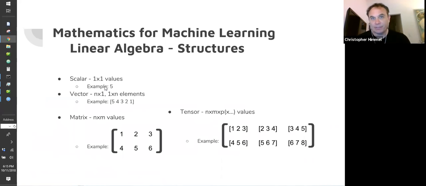That would be just a matrix. So there's an example of a tensor there. It's a bunch of 1 by 3 matrices, 1 by 3 vectors, you can call them that, in a vector of 2 by 3. So there you have it. There's some definitions that you got to get used to.